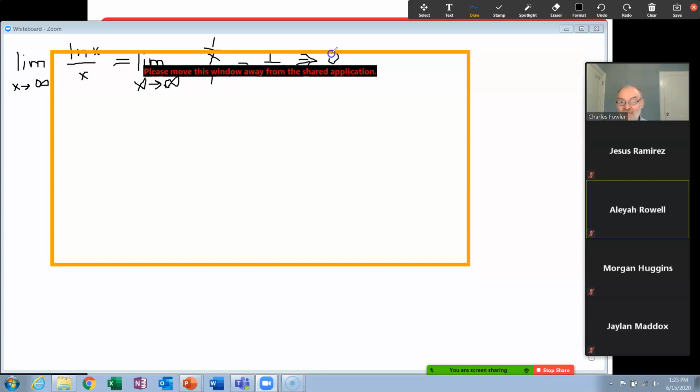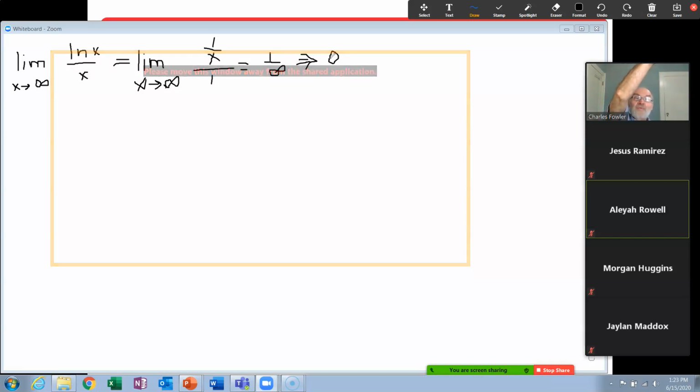So that limit, sure enough, is 0. Going infinitely large over infinitely large, the thing is the top infinitely large is slower than the bottom infinitely large, so the bottom one wins. It's going to infinity much, much faster than the upper one does, so the ratio of those two would be 0. And that's what they get in the book too.